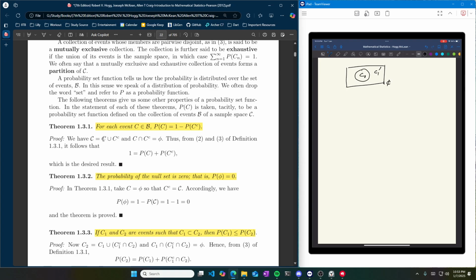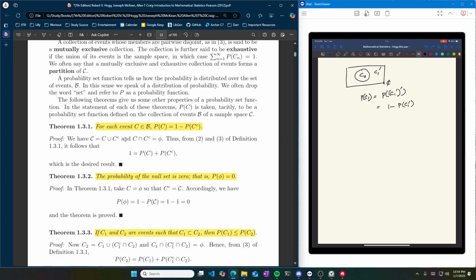So we can already see that the probability of C1 complement equals 1 minus the probability of C1. Yeah, that is what the theorem was.